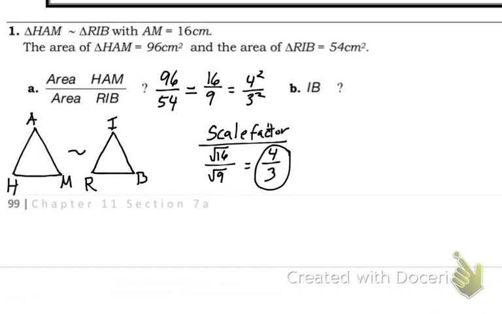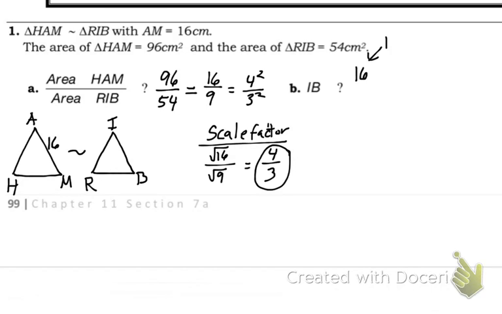All right, the next thing is I need to find IB, knowing that AM equals 16. So I'm going to note to myself that HAM is on top of RIB on our original ratio. So I need HAM on top of RIB when I'm finding A over B. So my HAM, which is the AM, is going to go on top.